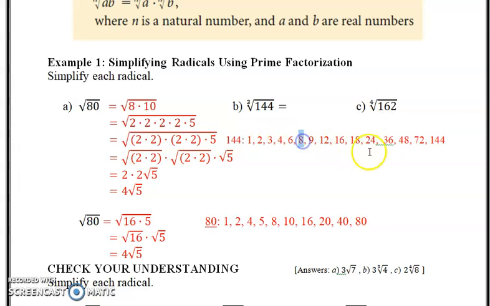So 8 is actually the only perfect cube, right? So 8's the only one that's really going to work. 8 and 18, right? Because 8 times 18.